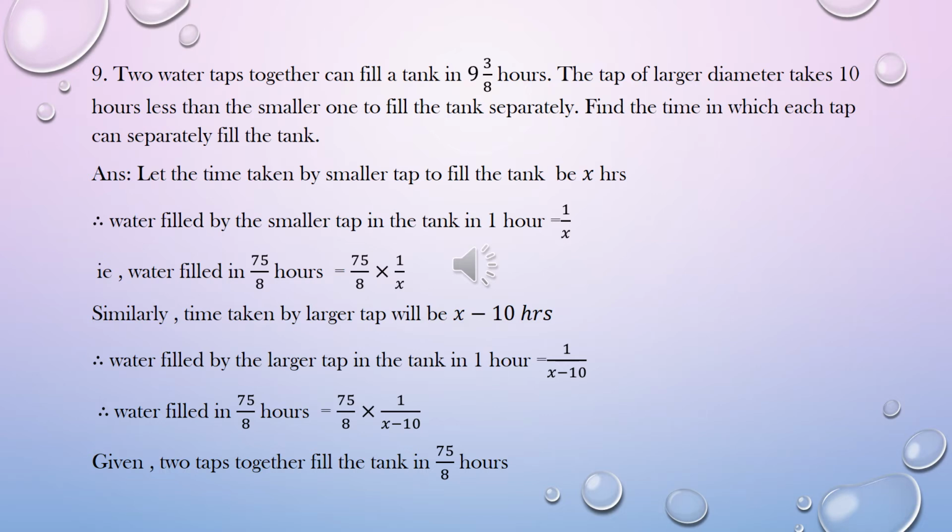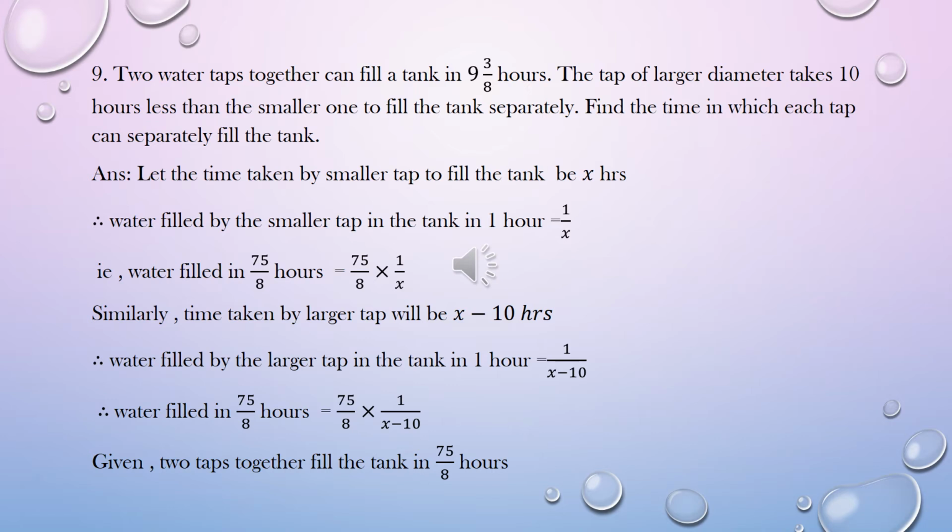In the question, it is given 2 water taps together fill the tank in 9 3 by 8 hours. So, the smaller tap will never fill the tank in 9 3 by 8 hours. So, water filled by the smaller tap in 9 3 by 8 hours will be 75 by 8 into 1 by x. Here we got the number 75 by 8 by converting the mixed fraction 9 3 by 8.